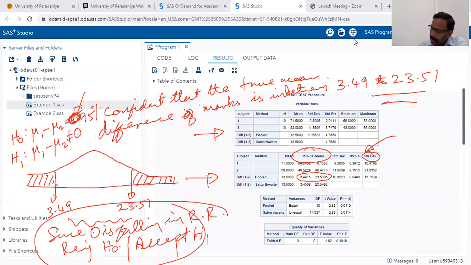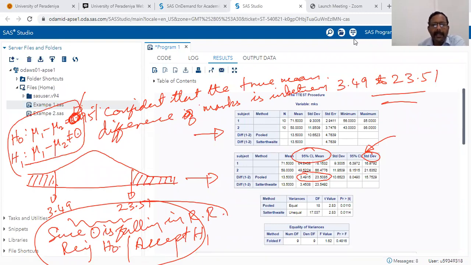So this is the decision by looking at the confidence interval. We can make that decision, no problem. Right? So we reject our null hypothesis. Confidence interval is a two-tail concept.